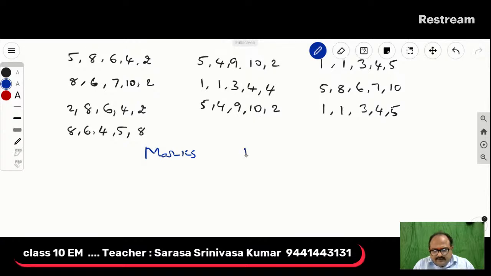Next, we write tally marks. About this tally marks, you studied in 8th class. Next, number of students.